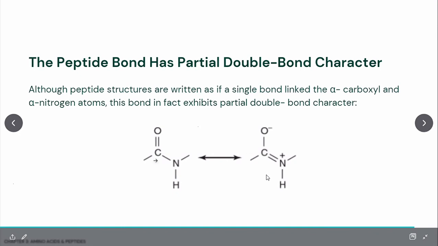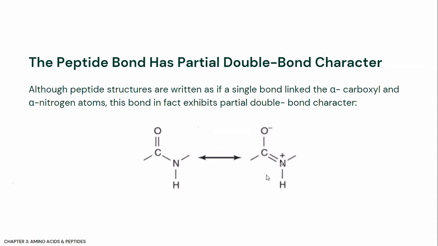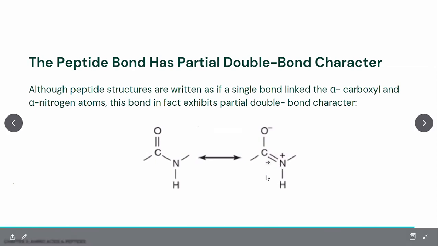Although it is shown as one bar here, no, it has a character of a double bond, meaning to say that this carbon and this nitrogen cannot be rotated. Cannot be rotated because it has a double bond character. It is not like this one, nitrogen to hydrogen. You can rotate this.